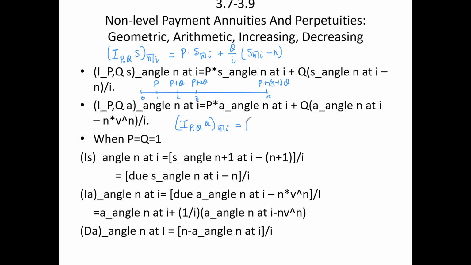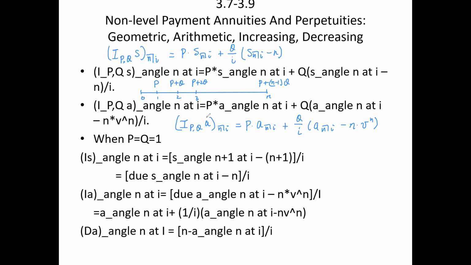It's P times A sub n angle I plus Q over I times A sub n angle I minus n times v to the n. Again, v to the n is the discount factor. It's 1 over 1 plus I.